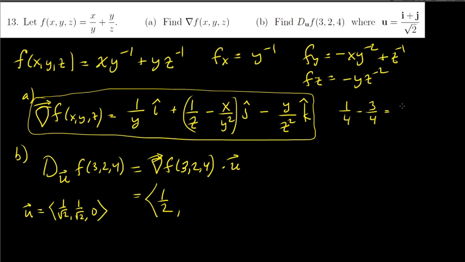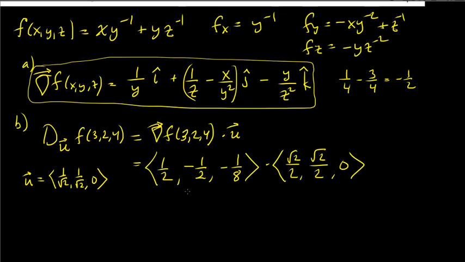So that's just negative 2 over 4, negative 1/2 for the second component. And then minus y over z, so that's minus 2 over 16, so minus 1 over 8. And then the dot product with u, maybe I should rationalize the denominator here. You don't have to, but why not?